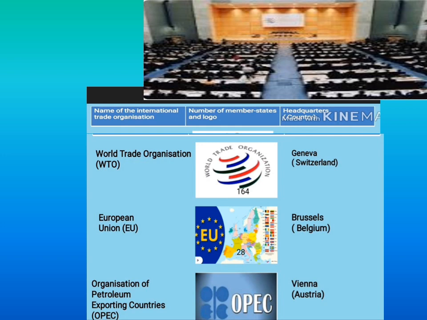So, the first International Trade Organization is the World Trade Organization. The abbreviation is WTO. You can see the logo of it, and the number of member states is 164. The headquarters is located in Geneva, Switzerland.